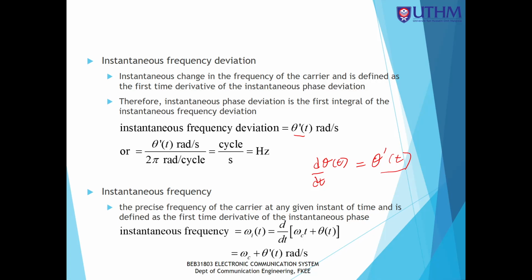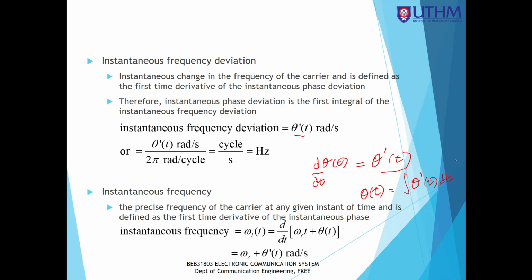It is the instantaneous change or variation of the frequency of the carrier at a particular time, and the unit is radian per second, or in terms of hertz. Since we take the first derivative of theta(t), to get theta(t) again we need to integrate theta prime(t) over t.